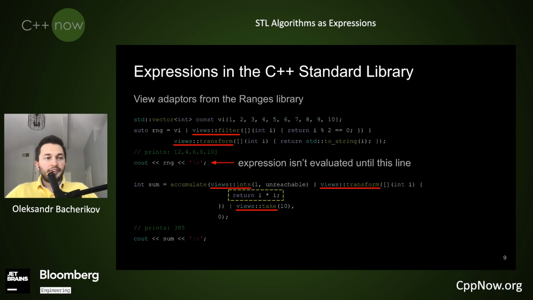So I was looking for a better solution. And yeah, one other limitation that we have is that we can't transform two ranges together. So in here we have a square, but we cannot add two vectors like in the previous example. Well, at least in the part of the ranges library that was standardized.